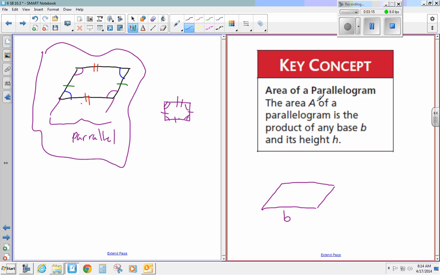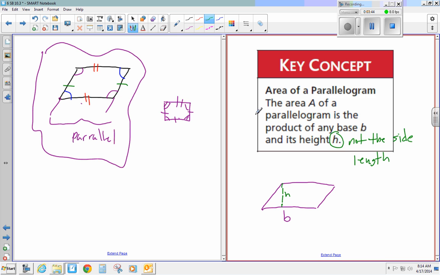Then the height, that's the tricky part. The height is not the side length. All right? It's not going to be how long the side is. It's going to be the height from the base to the top.